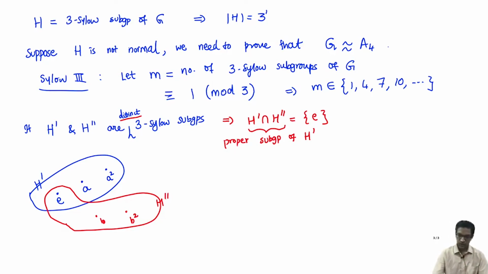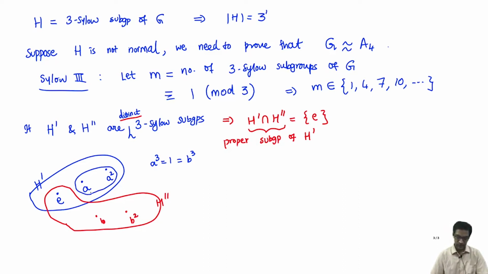So what does that tell us in particular? If you look at what each 3 Sylow subgroup contributes, there is the identity, and then there are two elements of order 3. Observe this A square, B square, and so on, they are all elements of order 3, because the group has order 3. So what does a 3 Sylow subgroup contribute? One identity and two elements of order 3.